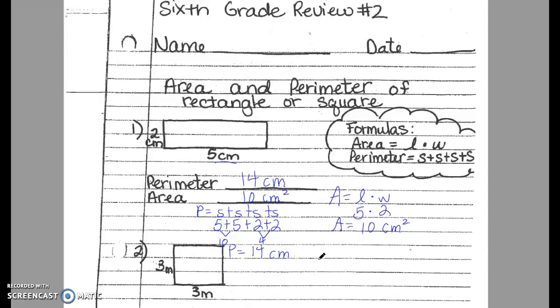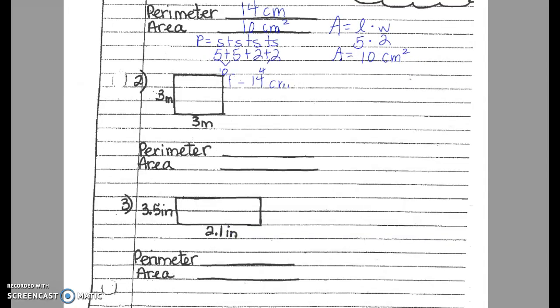Okay? Then let's go down to number 2. Okay, on number 2, notice I still have a square, so I'm going to write down my same formula. Area equals length times width. Okay, what is my length? Your length is 3.